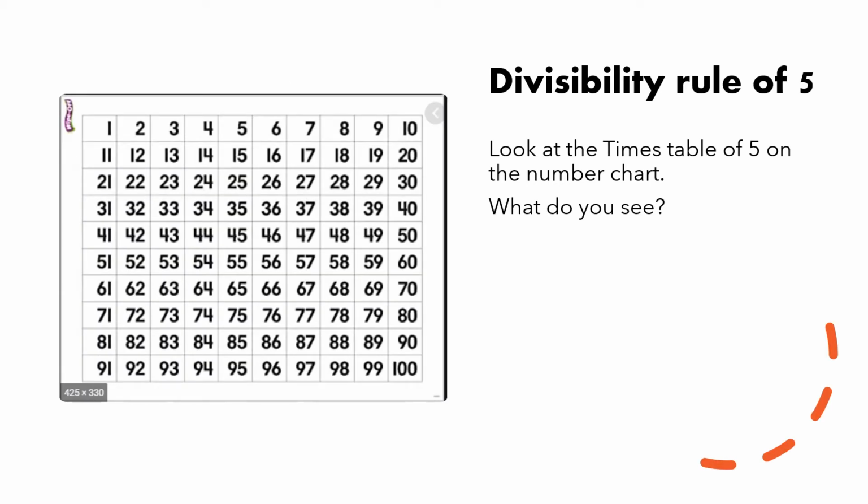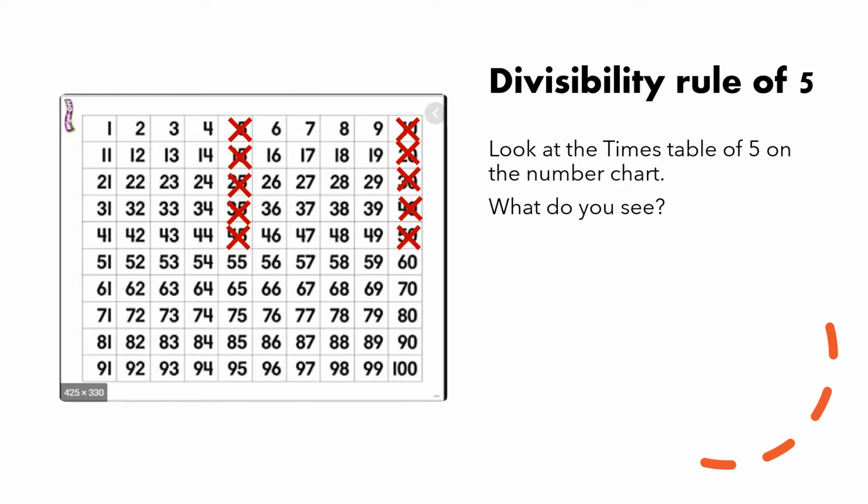First, we will take a look at the times table of 5 on the number chart. 5 ones are 5, 5 twos are 10, 5 threes are 15, 5 fours are 20, 5 fives are 25, 5 sixes are 30, 5 sevens are 35, 5 eights are 40, 5 nines are 45, 5 tens are 50.